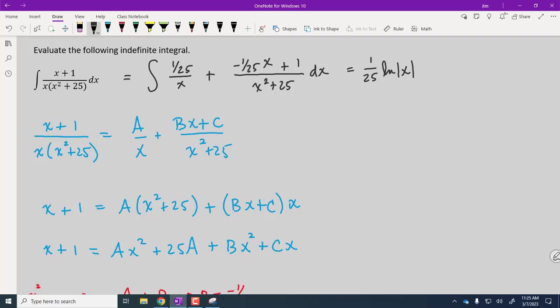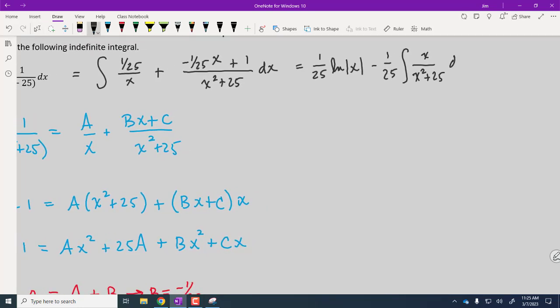You're going to factor it. No? Split it. So we're going to split it. Let's make two separate integrals. The first one will be negative 1/25 integral of x divided by x squared plus 25 dx.